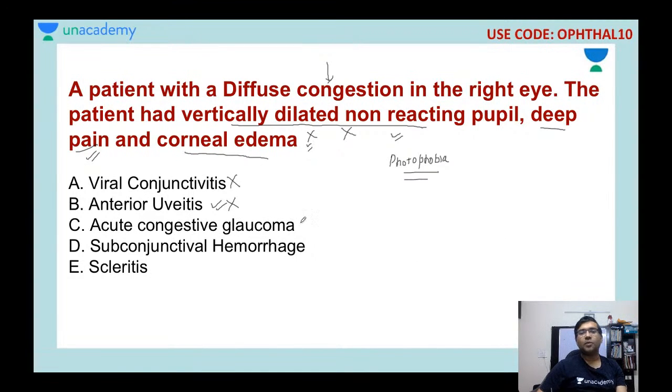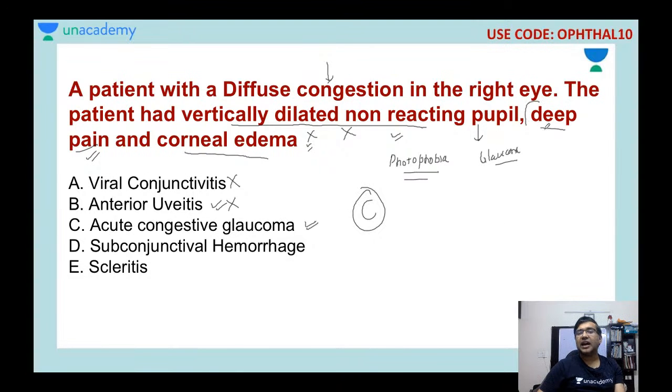Then we come to the option C, acute congestive glaucoma. So definitely the answer here is C. So remember, the vertically dilated non-reactive pupil, this is the most important sign of glaucoma. Okay, and more so in the angle closure glaucoma where you have a very high IOP.